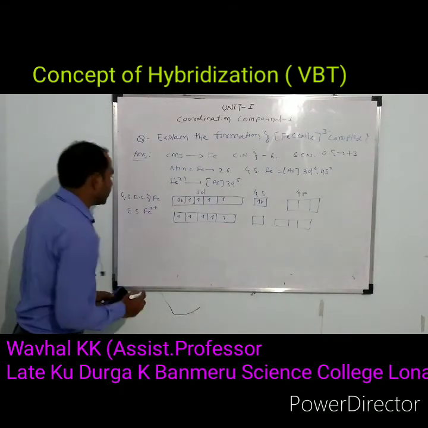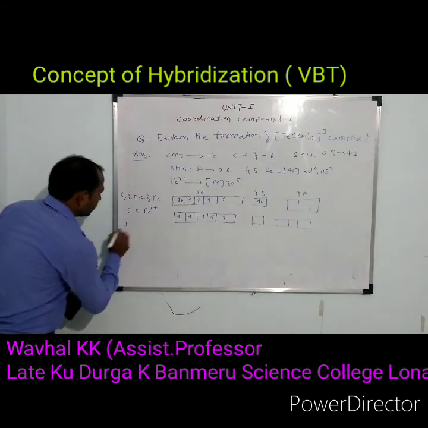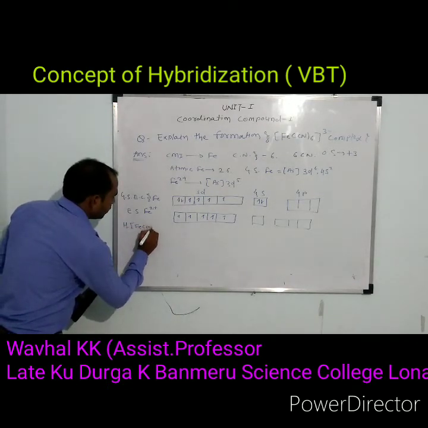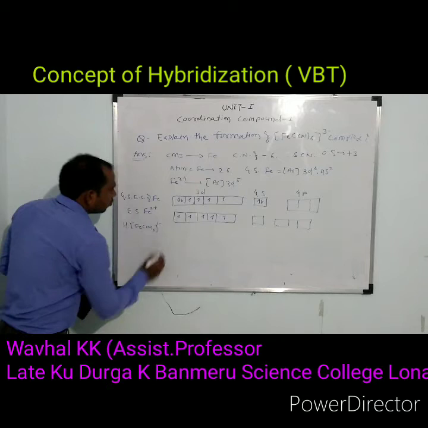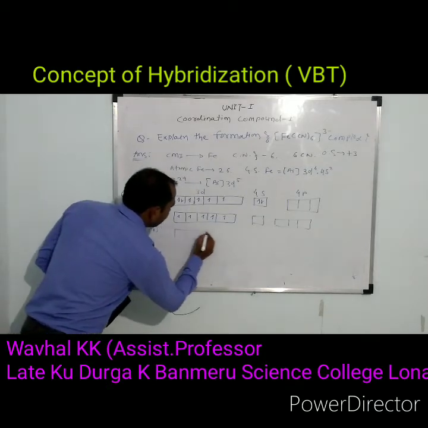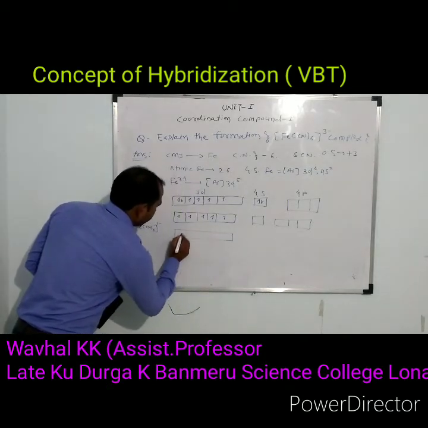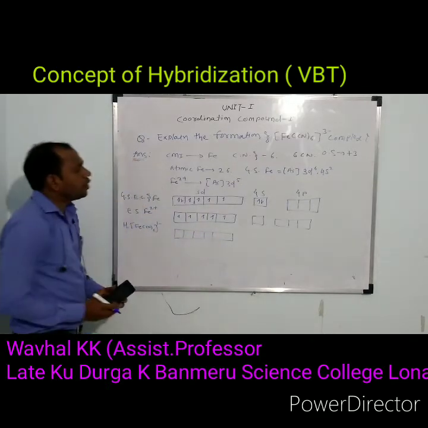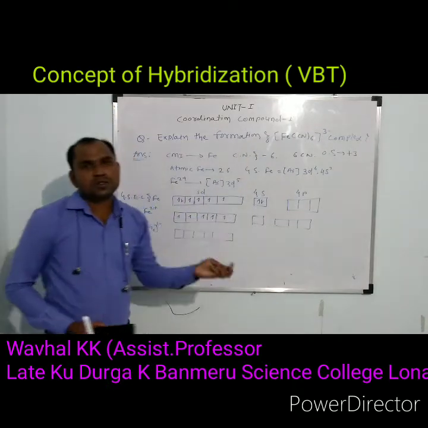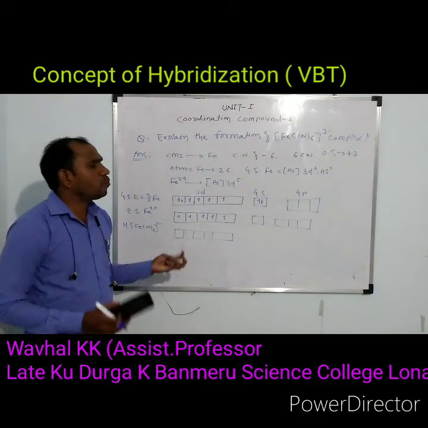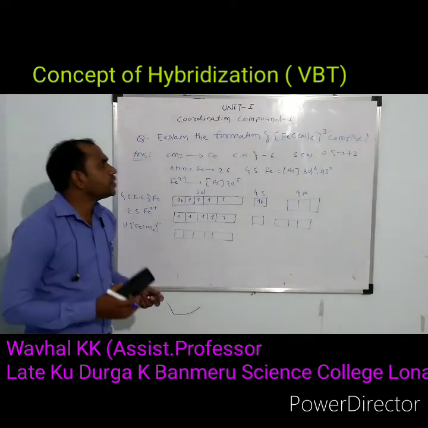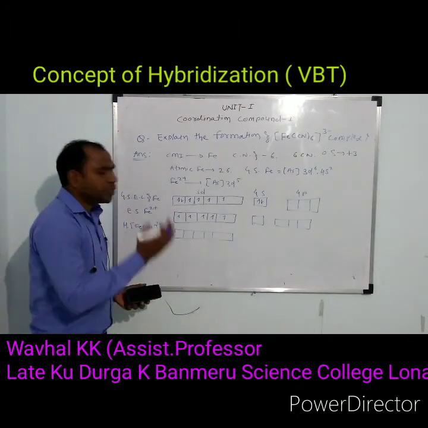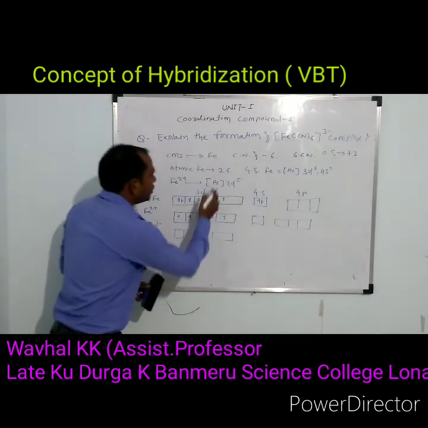In the hybridization state, for the Fe(CN)6 3- complex, when CN comes close to Fe for bond formation, and CN is a strong field ligand, it forces the electrons to pair up in the d orbital.